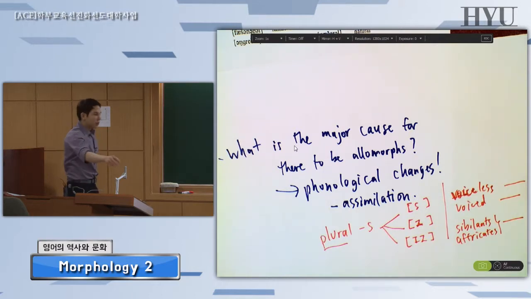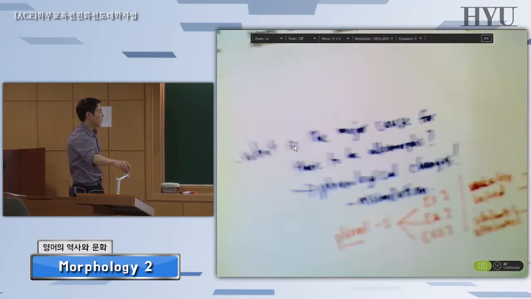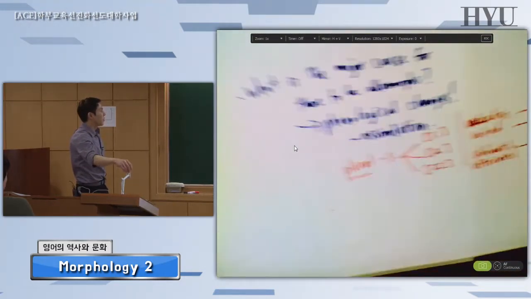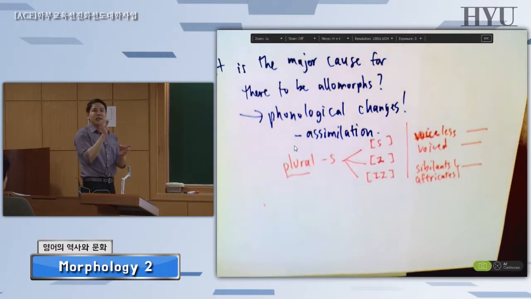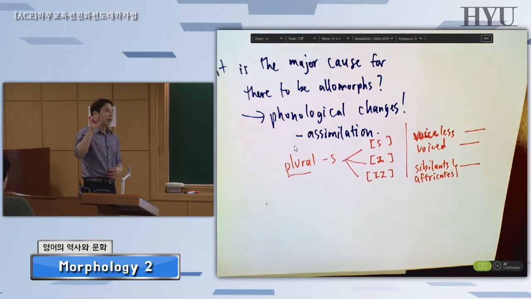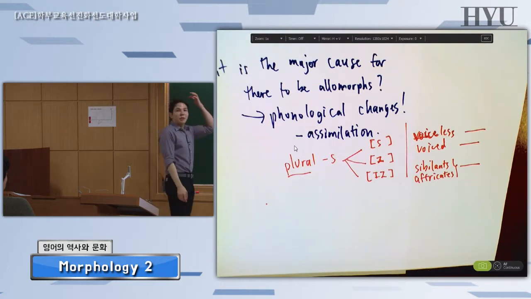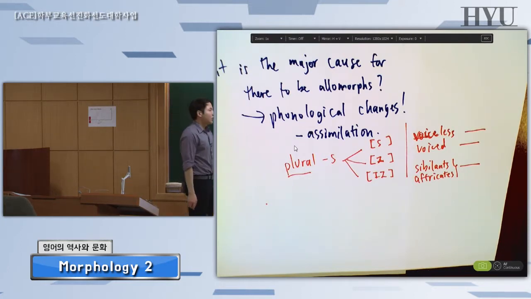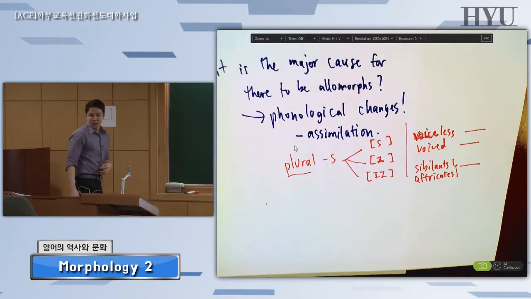For example, the plural form in writing is S or ES, maybe 98% of the time. But in pronunciation, it's either S, Z, or is, for most nouns.